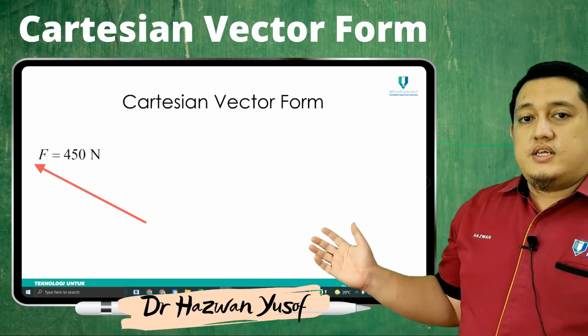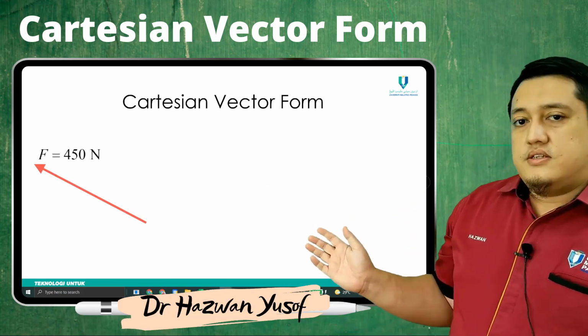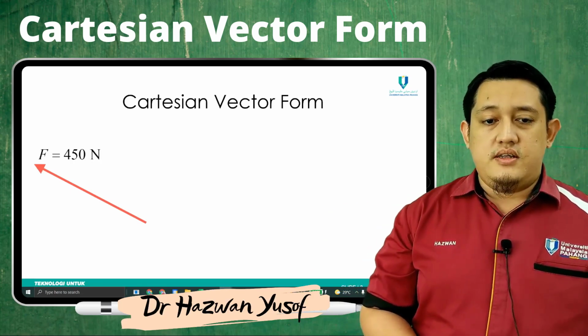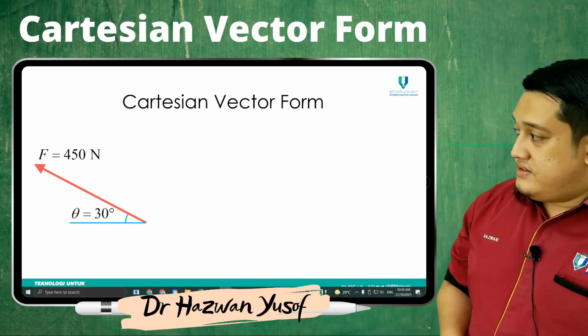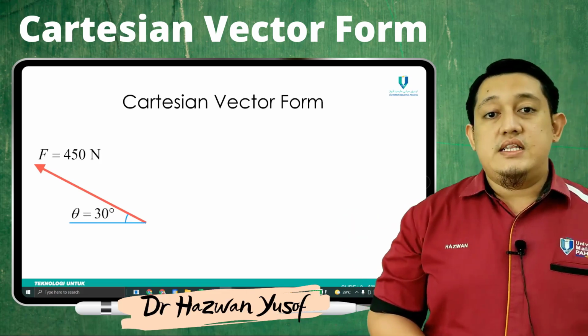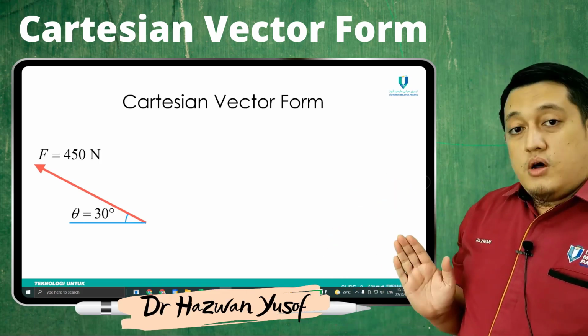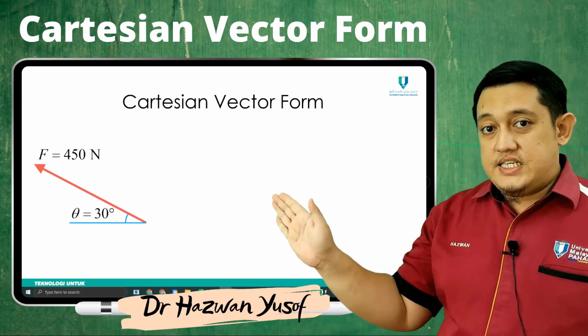This is a force with a magnitude of 450 Newton, and it has a direction of 30 degrees. If you look closely, we have a force pointing towards this direction.